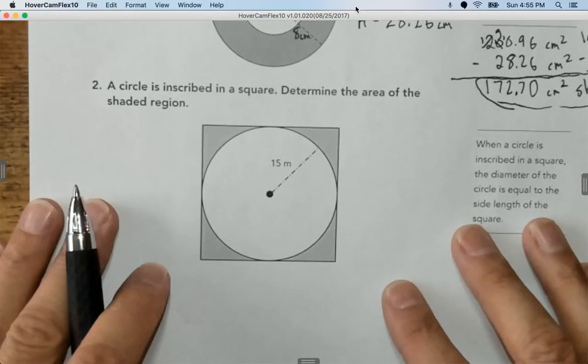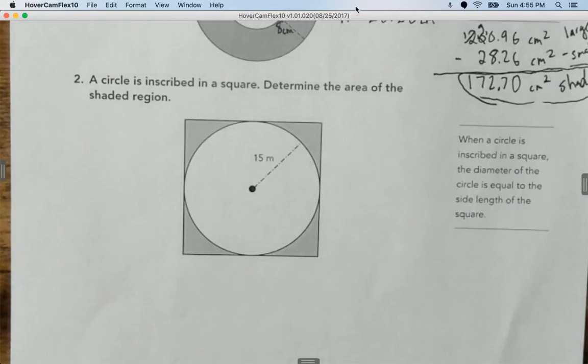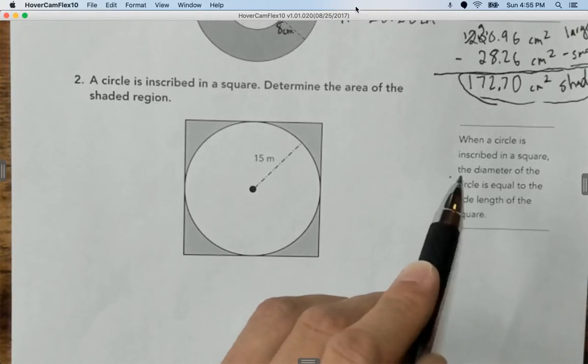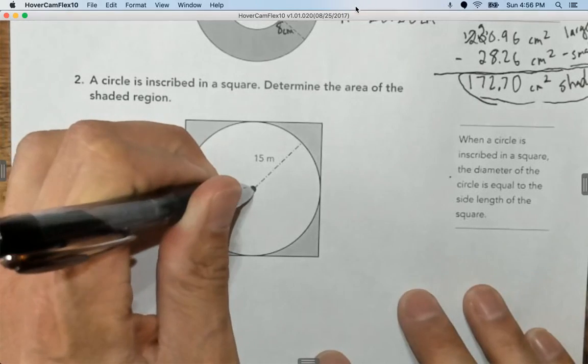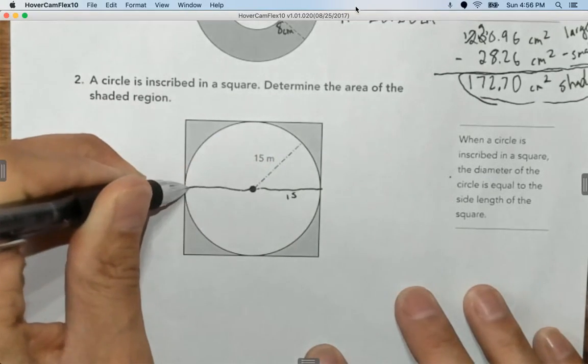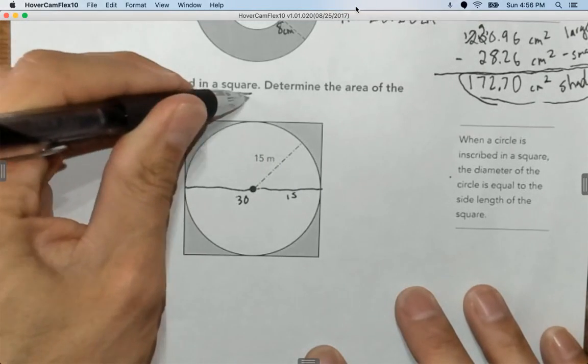Next one, number 2. A circle is inscribed in a square. Determine the area of the shaded region. When a circle is inscribed in a square, the diameter of the circle is equal to the side length of the square. So since the radius here is 15, if I was to go all the way across, the diameter would be 30, and they said this is a square, and so this is 30.